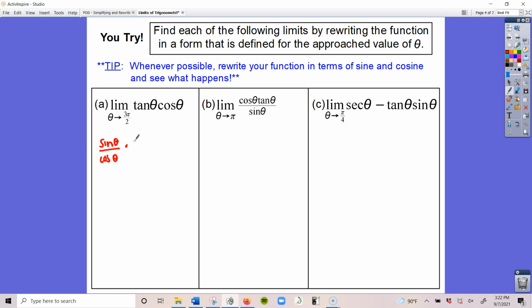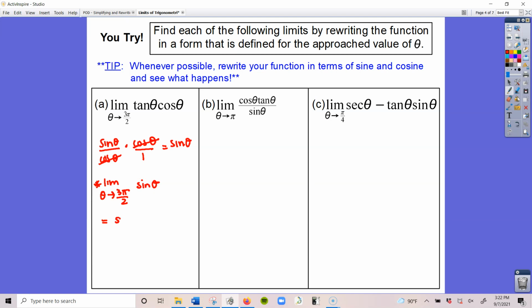And now we're going to multiply with cosine, which is just over 1. The cosines here cancel, and all that's left is sine of theta over 1, which is sine theta. So this is my new limit. We are trying to solve for the limit as theta approaches 3 pi over 2 of sine theta.